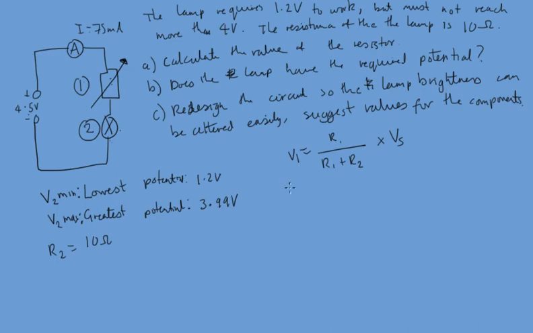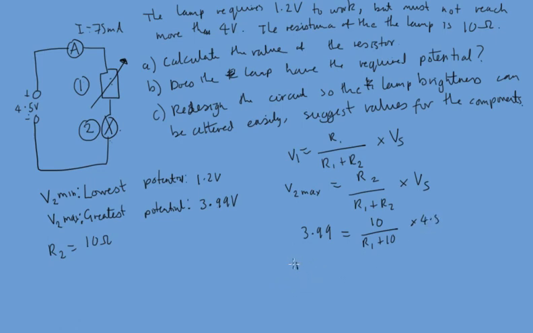So let's do V2 max first, which is equal to R2 over R1 plus R2 times Vs. So that's 3.99 equals 10 over R1 plus 10 times 4.5.